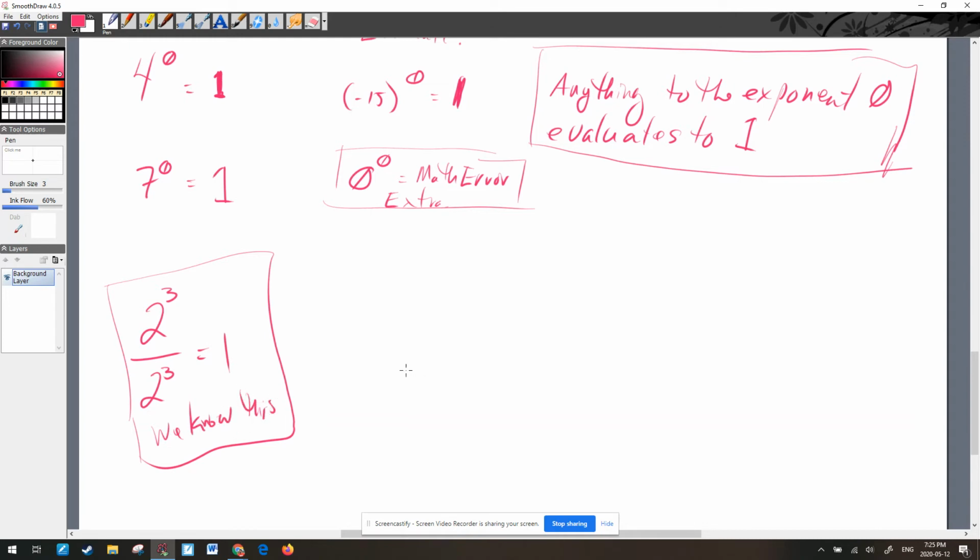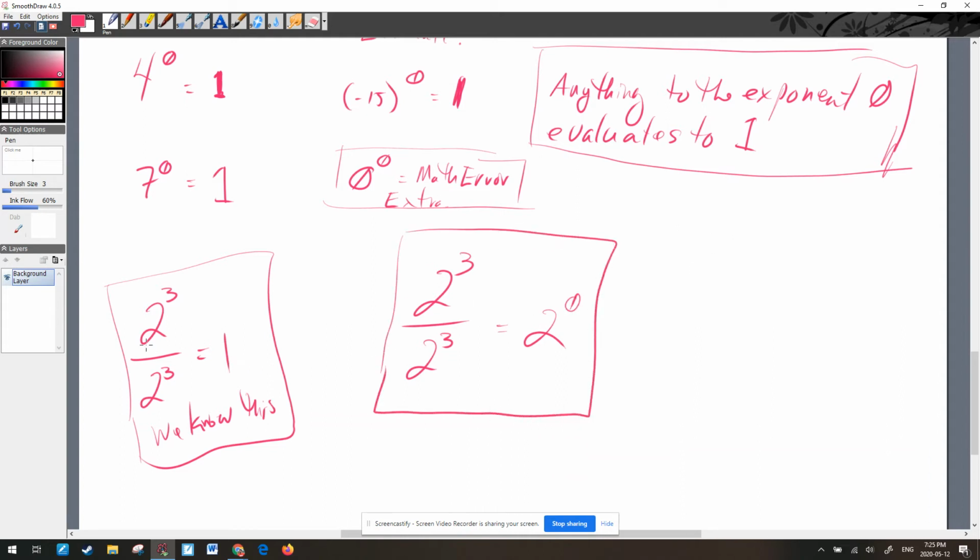Now, let's look at doing this with the exponent rules that we just had. The exponent rules say when we're dividing powers with the same base, the base remains unchanged, and we subtract the exponents. The base remains unchanged, so that's 2, and 3 minus 3 is 0. So prior knowledge tells me that 2 to the third divided by 2 to the third is 1.